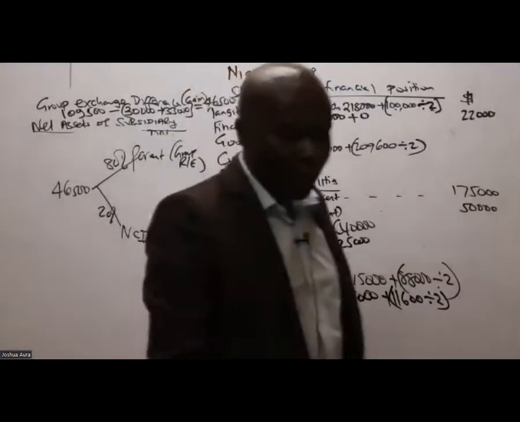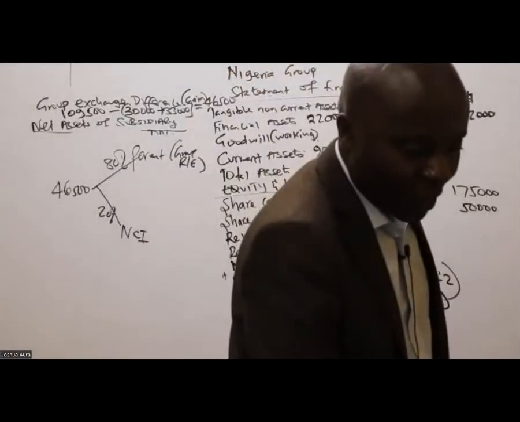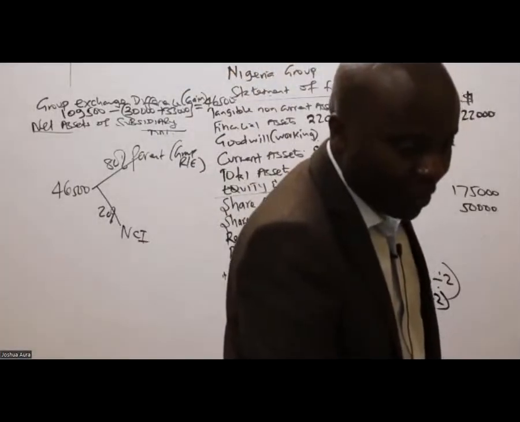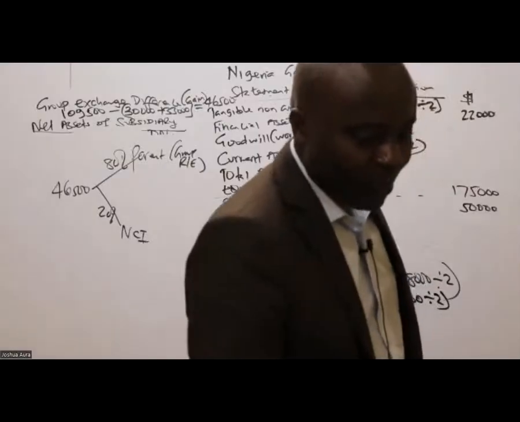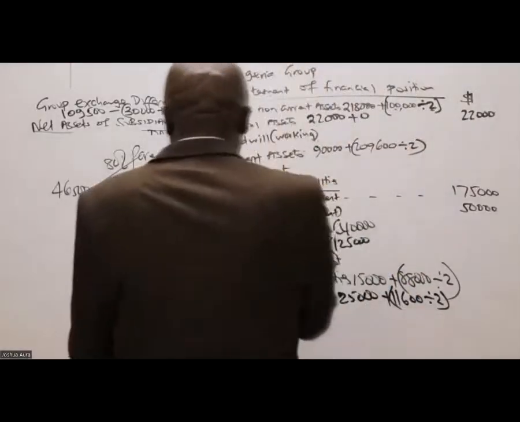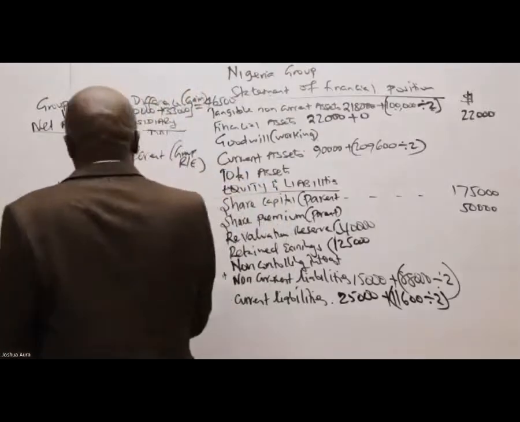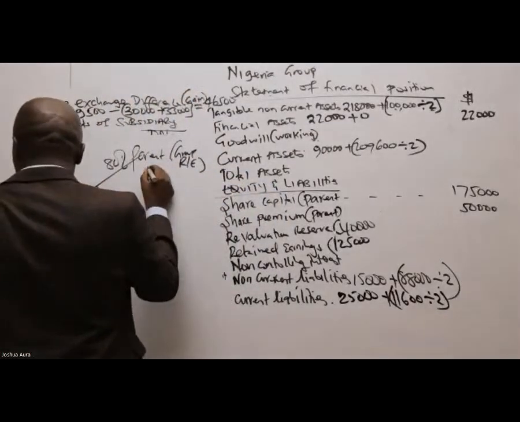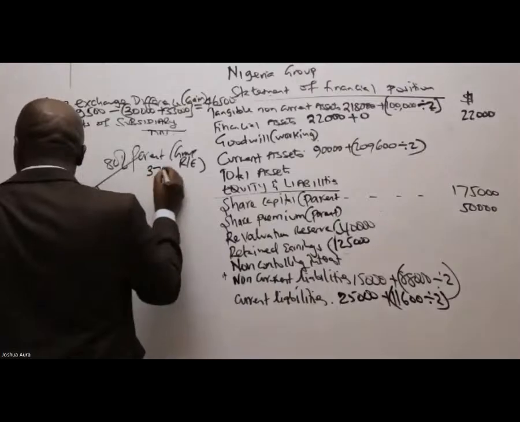I can see they have already given me the figure. What figure is it? The parent is 37,200.